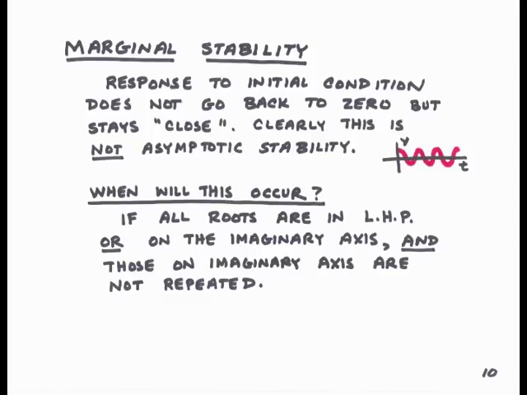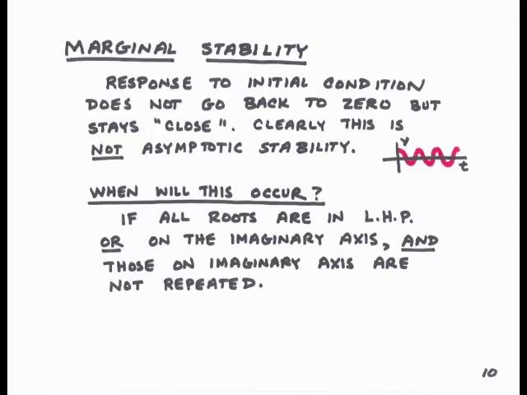So clearly this is not an asymptotic stability. It's also not exponential instability. When will this occur? If all roots of the characteristic polynomial are in the left half plane or on the imaginary axis, and all those on the imaginary axis are not repeated, then we will have marginal stability.